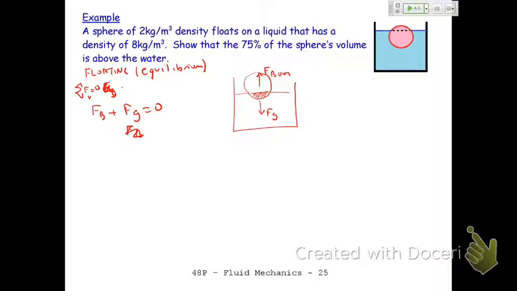Then my buoyant force, the density of the fluid times G times the volume of the displaced fluid, added to the density of the object times G times the volume of the object equals 0. I know that my weight is pointing downwards, so I'm going to put a negative sign there because it's downwards.